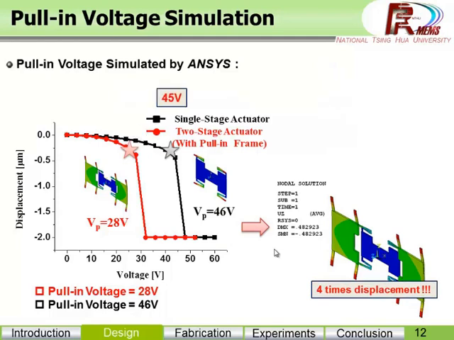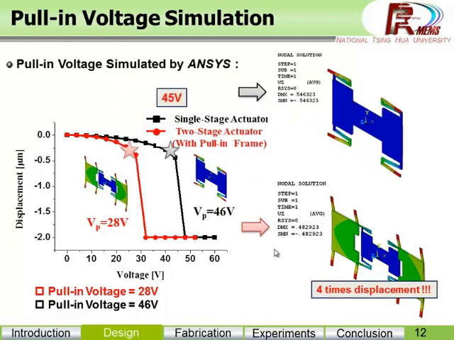The single stage needs 45 volts to achieve a displacement similar to the two-stage design at 27 volts. It clearly shows that with the pulling-added frame, we can effectively lower the pulling voltage by 40%.